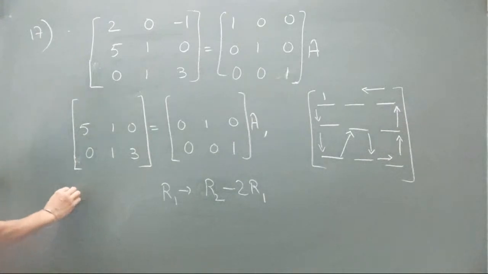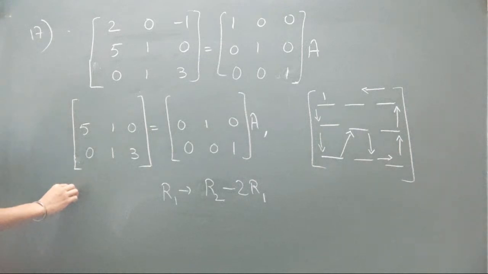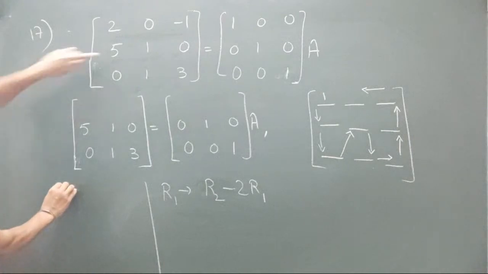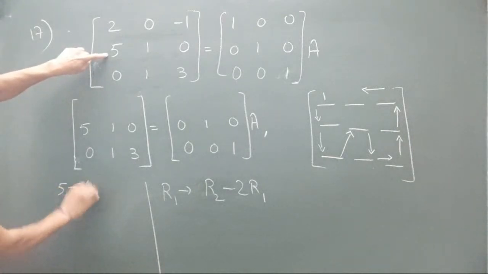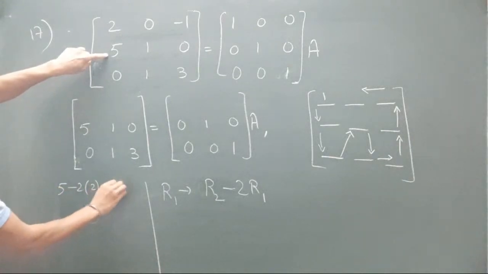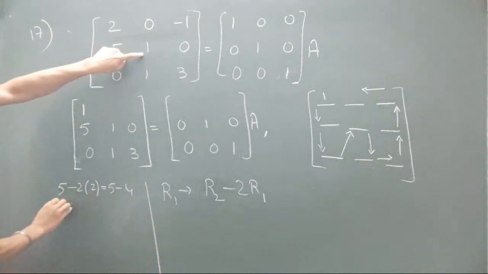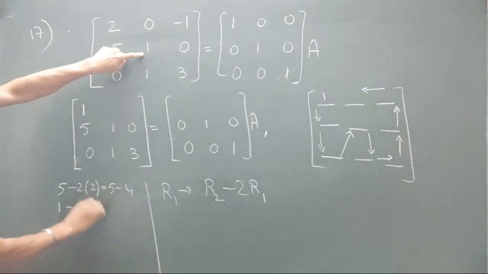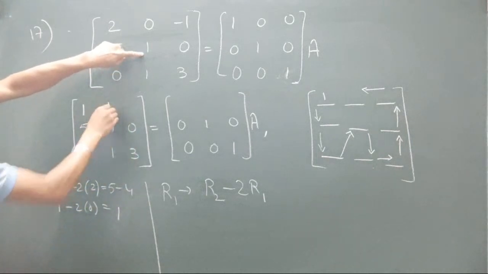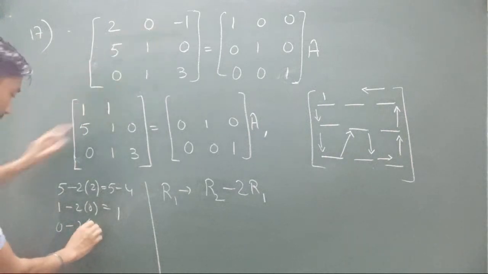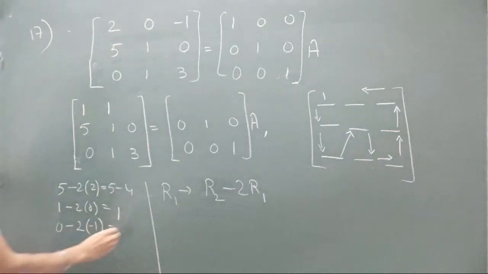So that will be, let's begin with the steps. I'll do here. You can see, I guess. So that will be 5 minus 2 times of 2. So that's 5 minus 4. That's 1. This is 1 minus 2 times of 0. That's 1. This is 0 minus 2 times of minus 1. So that's like minus minus plus 2.